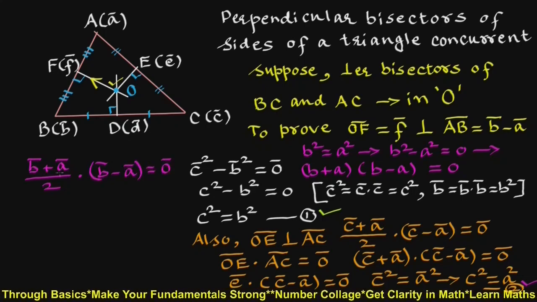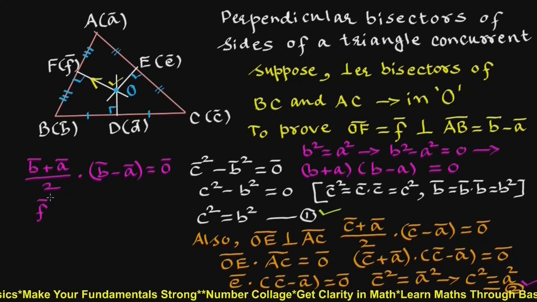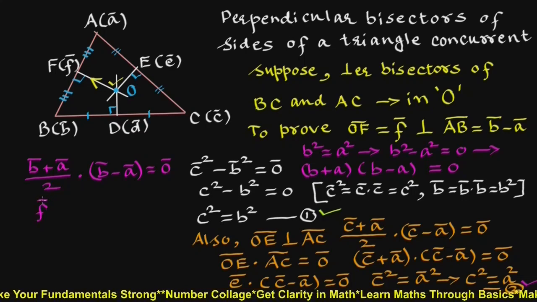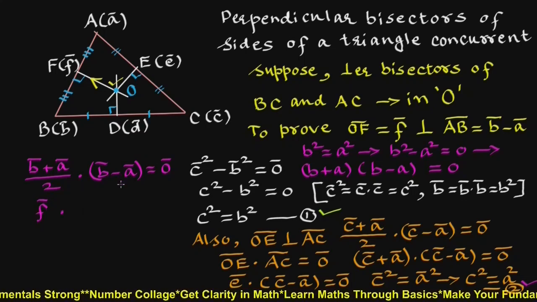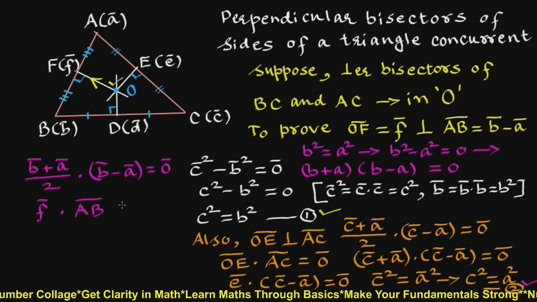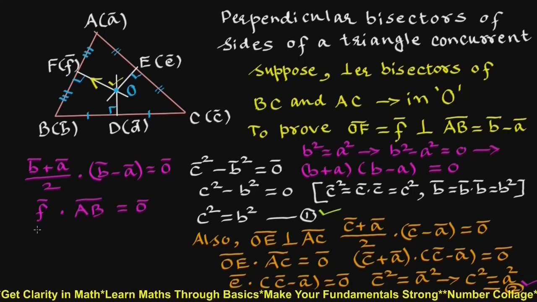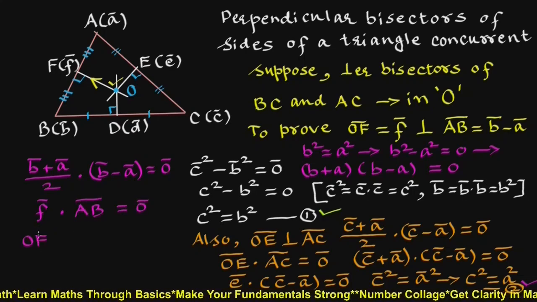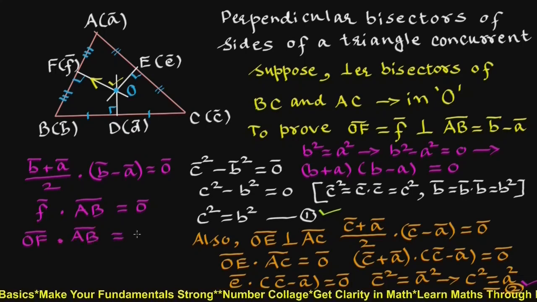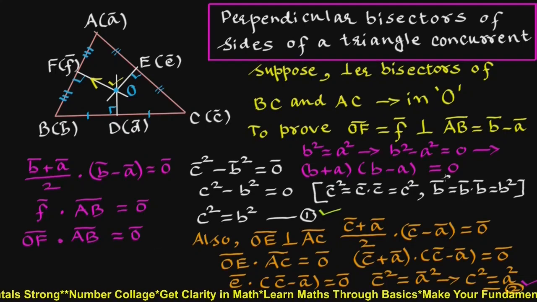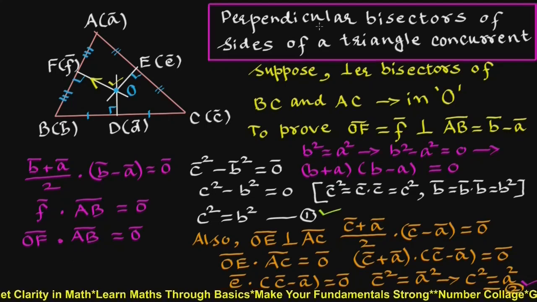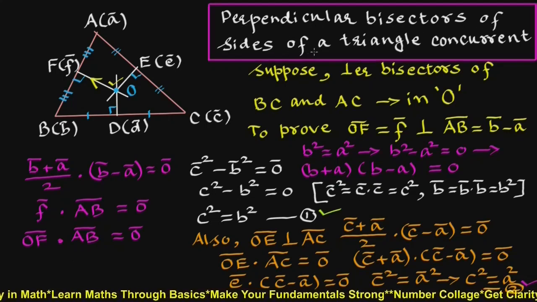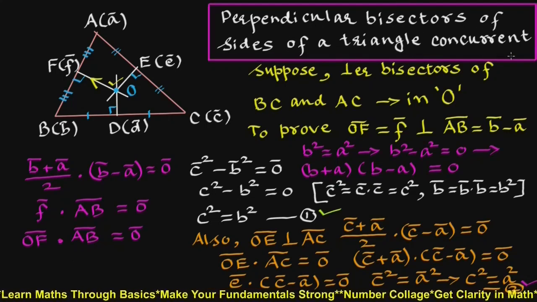But (b bar plus a bar) upon 2 is F bar, the position vector of midpoint F, and b bar minus a bar is AB bar. So OF bar dot AB bar equals 0 vector. This should be b square. That proves perpendicular bisectors of the sides of a triangle are concurrent.